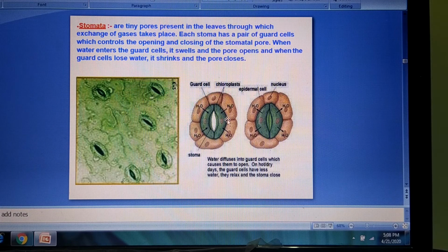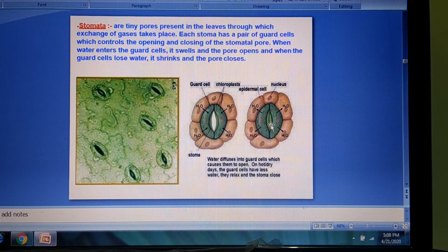When they get the water, they swell and take on the complete kidney shape, and the central opening opens. And when the guard cells lose water, they become flaccid. Flaccid means a little loose, and they come closer to each other. At that time the opening will be closed.